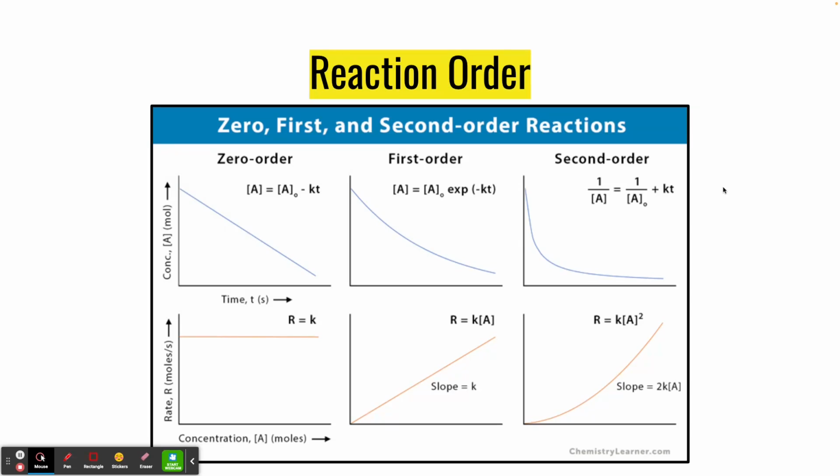In terms of what we were talking about, the rate from the previous slide, you'll notice here that the rate is constant in a 0 order reaction. Here, the rate is directly proportional to the concentration of A. And then here, the rate is proportional to the square of A. So if you look, constant, linear relationship, and finally a quadratic relationship. We're going to explore this more in depth on each individual slide now.